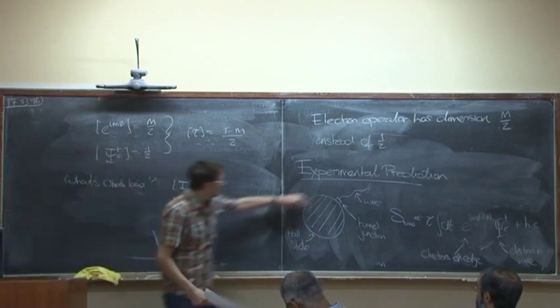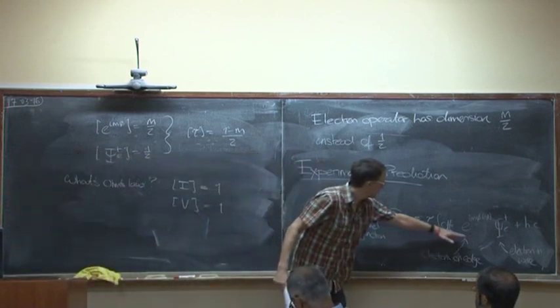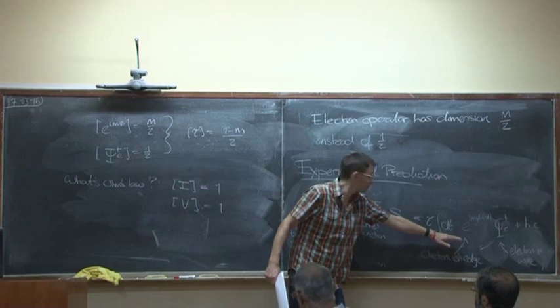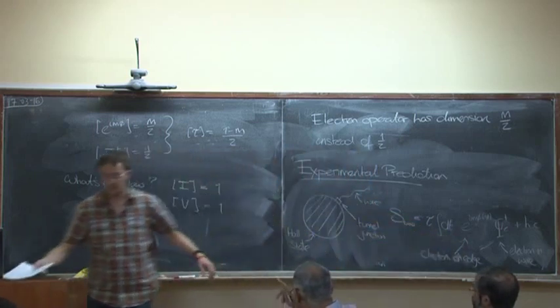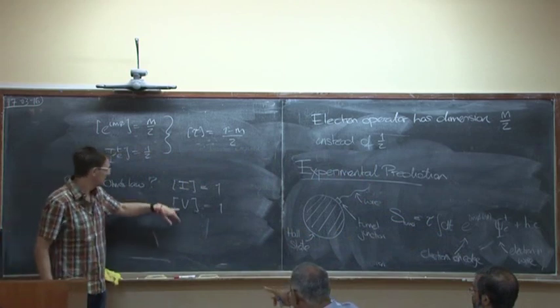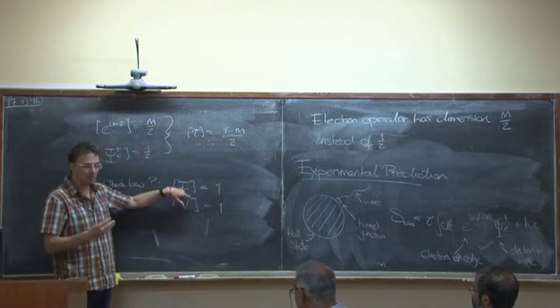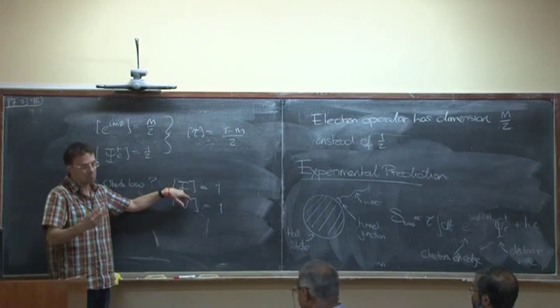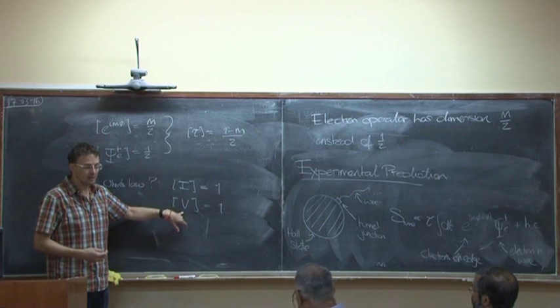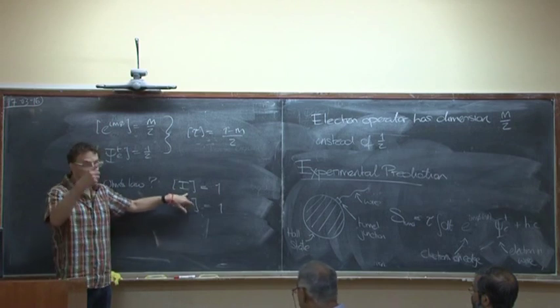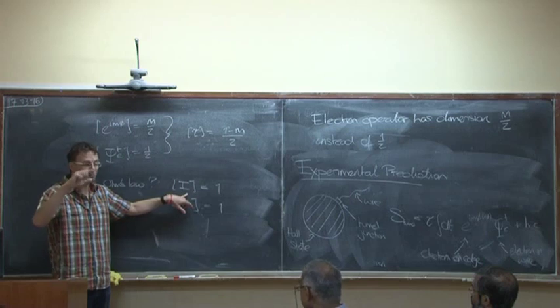But the current across here comes from this matrix element. The matrix element of quantum mechanics is coming from this part of the Hamiltonian. So why do these have dimension 1? This is number of particles per unit time. Per unit time, so that's 1. V is the same thing. Time is the same thing as inverse energy because h bar is 1.